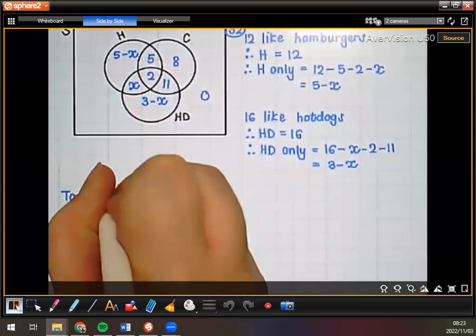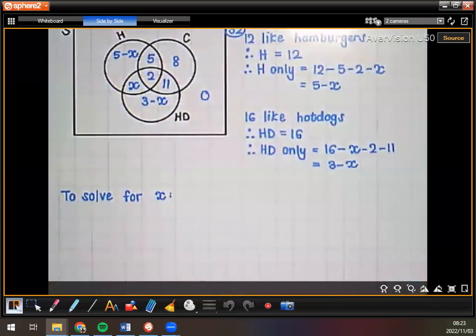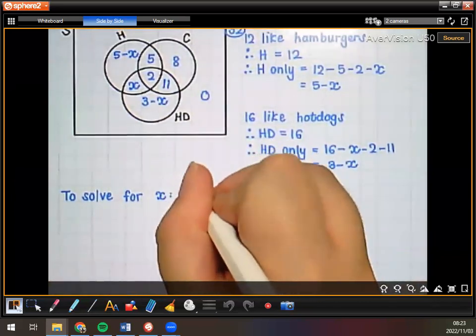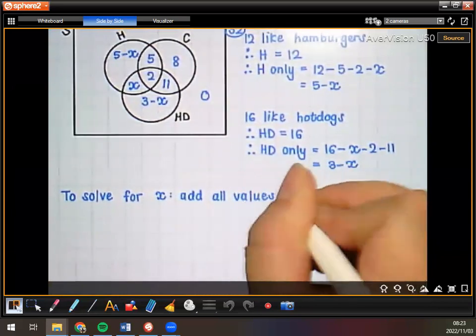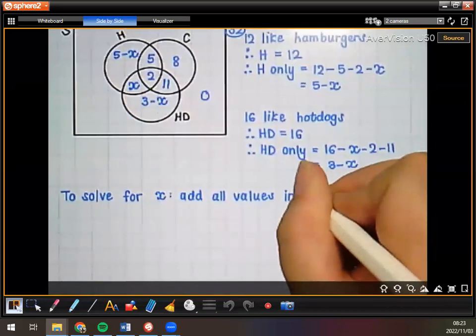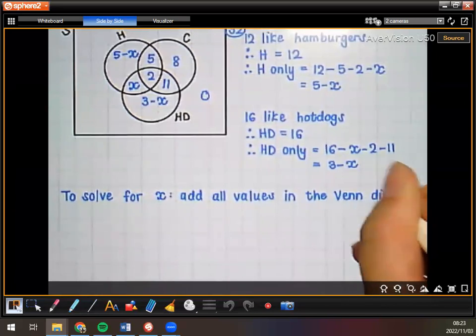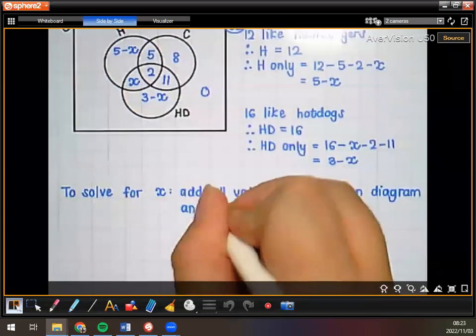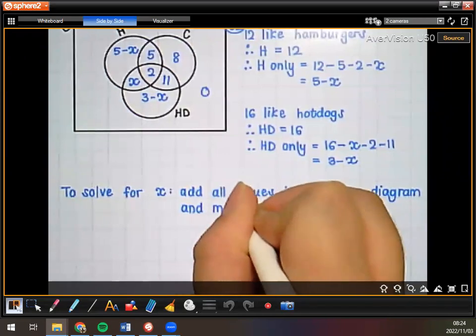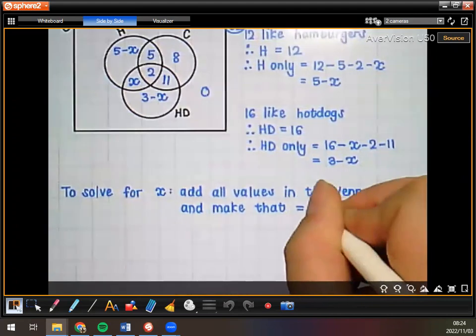To solve for x, add all values in the Venn diagram and make that equal to 32.